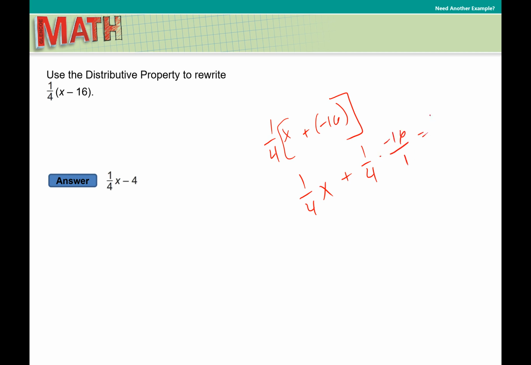Multiply that straight across, and it's negative 16 over 4, which equals negative 4. So we have 1/4 x plus negative 4, and plus a negative is the same thing as subtraction. 1/4 x minus 4.